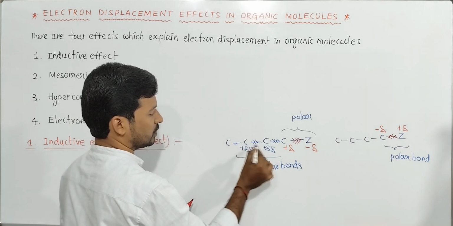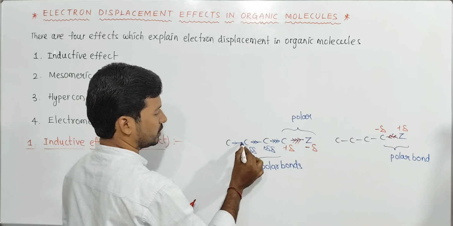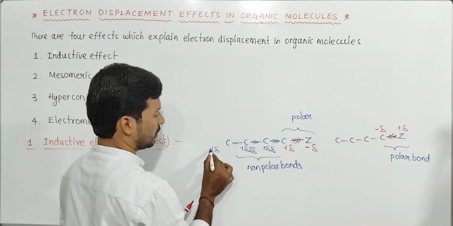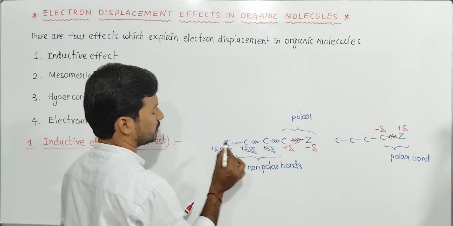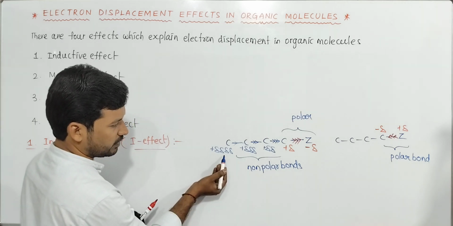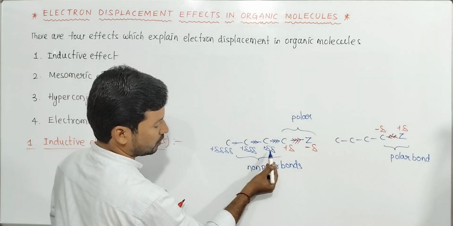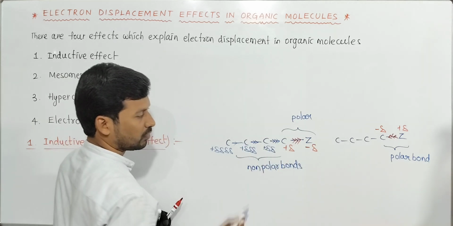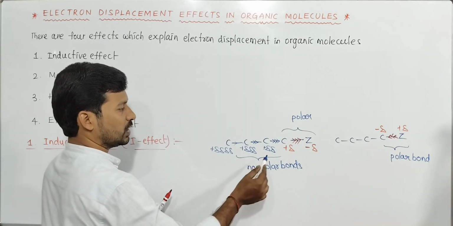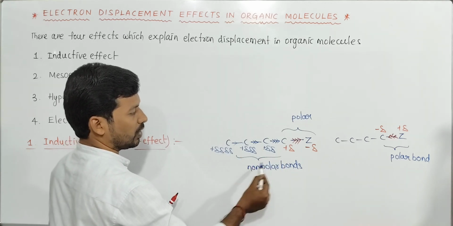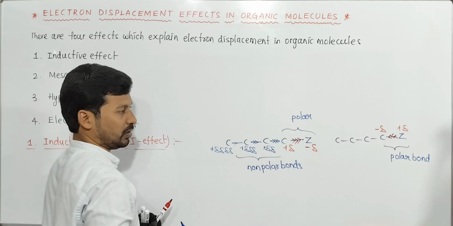And this bond shifts towards this partial positive carbon, so this becomes partial positive. That means this is very less positive, some more positive, highly positive. The polarity is induced in the non-polar bond due to the presence of the polar bond.